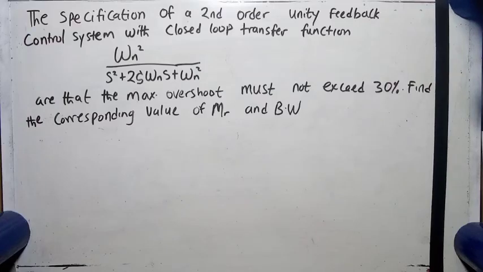Good day, guys. Now let's take another example under performance specification for frequency domain. The question says the specification of a second order unity feedback control system with closed loop transfer function is that the maximum overshoot must not exceed 30%, and they are asking us to find the corresponding value of resonance peak and bandwidth.